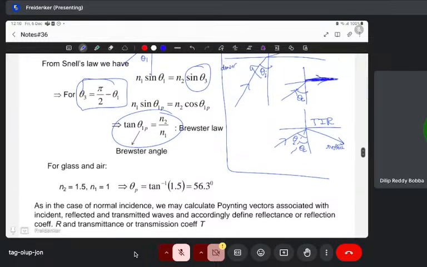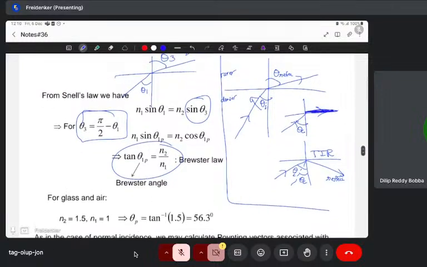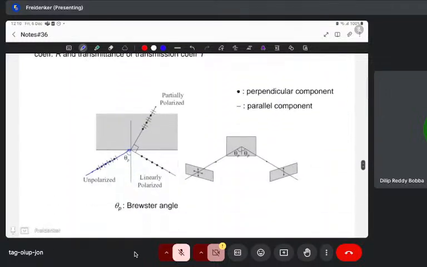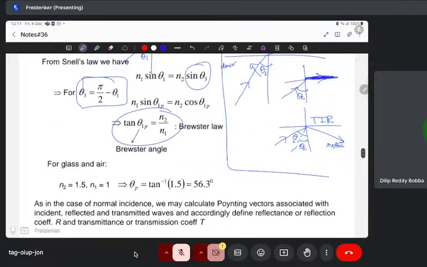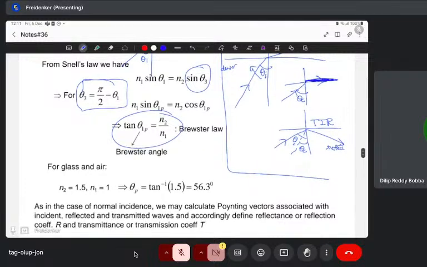Theta 3 is equal to pi by 2 minus theta 1. So this is, no, not this. This is equal to pi by 2 minus theta 1 if this is theta 1. Is that how it is? No, no, no. That is tan inverse 1. Yeah, that is not how it is. Oh no, it is.